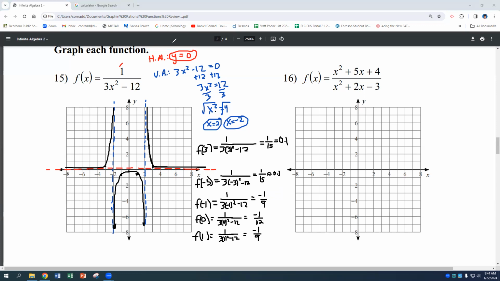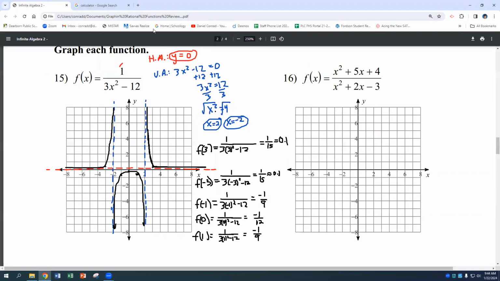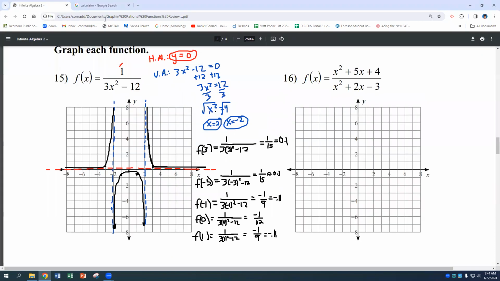You can just put in 1 over 9, 0.11, so this is -0.11. This is -0.11. Then you can do 1 over 12, 0.08. Something like that. Okay. All right, let's do the next one here.